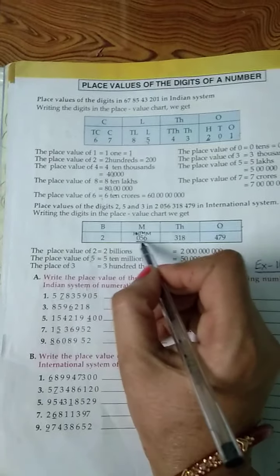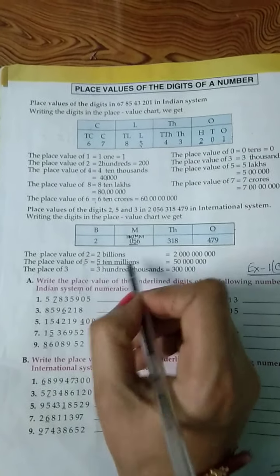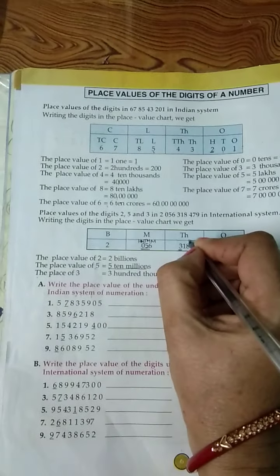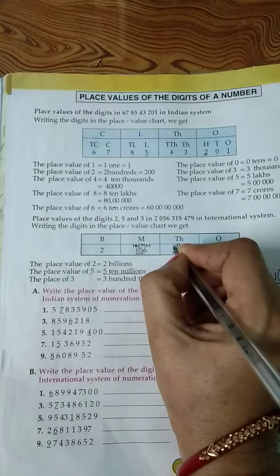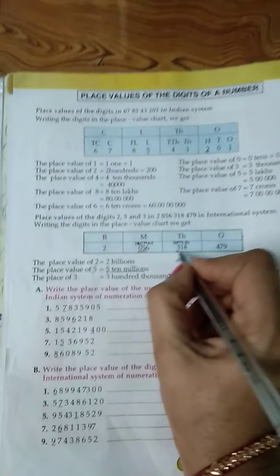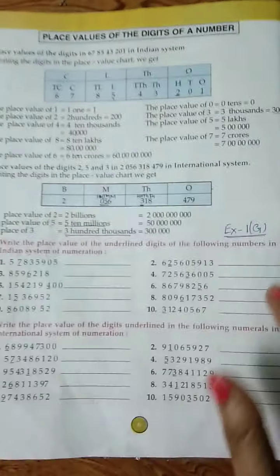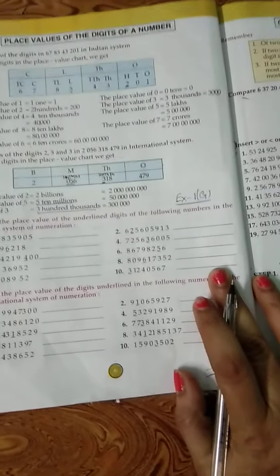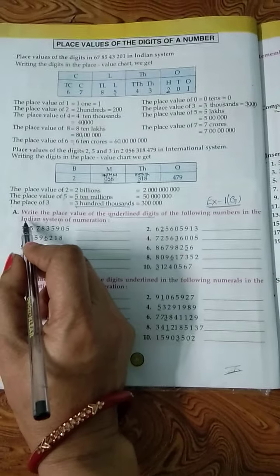So the place value of this 5 is 10 million. The place value of 3: 1000, 10,000, and here is 100,000. So 3 is 100,000.